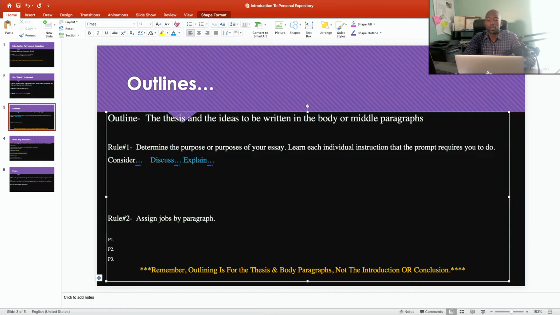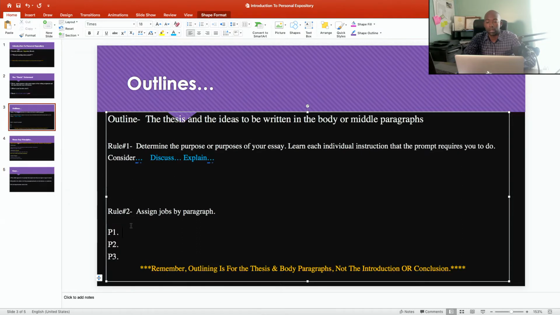Okay, so these words, discuss, explain, it's those kinds of commands or questions that we assign to paragraphs. So now that I know they want me to discuss this or explain this, I'm going to give each paragraph a job. So down here where it says P1 and P2, I'm just going to give it a job. Okay, discuss that, explain that, and what that does is it allows me to know what I'm going to write about in each interior paragraph.